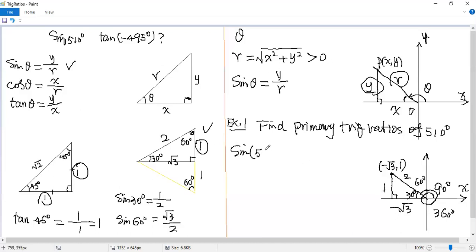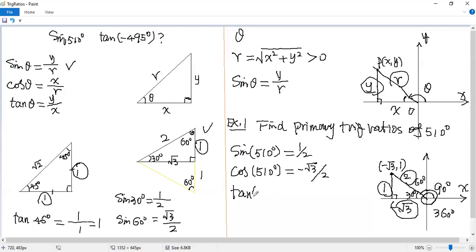So sine 510 degrees equals opposite 1 over hypotenuse 2. So 1 over 2. Cosine 510 equals adjacent negative square root of 3 over hypotenuse 2.